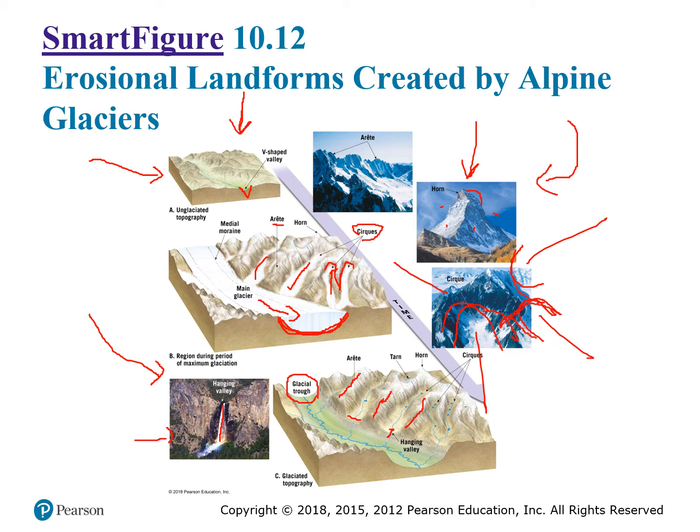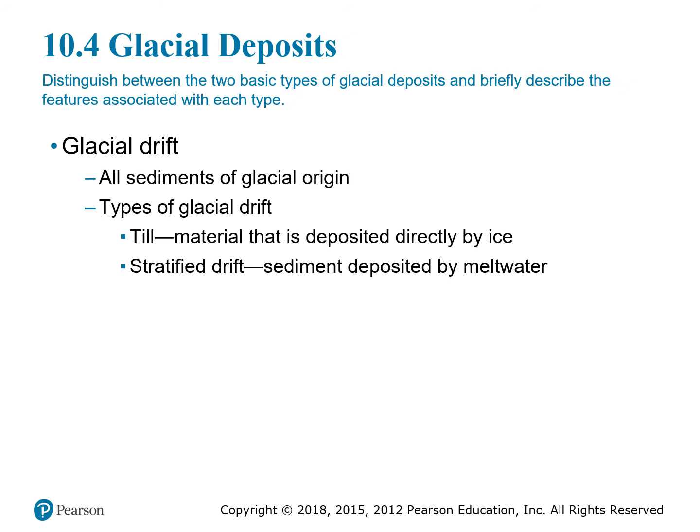As they do that, they leave behind the pyramid-like horn structure. So if you ever go to places like Norway, Switzerland, the Sierra Nevada, Alaska, you'll find landscapes with these features.